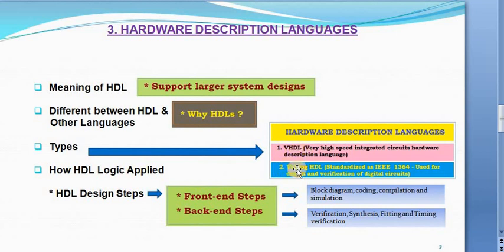And the second classification is Verilog HDL, which is basically the IEEE 1364 standard, used for design and verification of digital systems. This Verilog HDL was developed by Gateway Design Automation, which was later transferred to Open Verilog International.